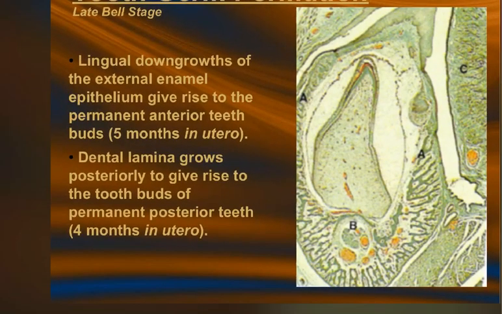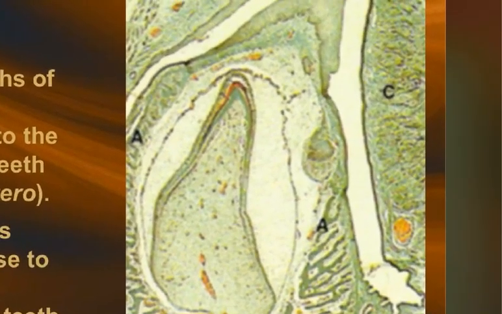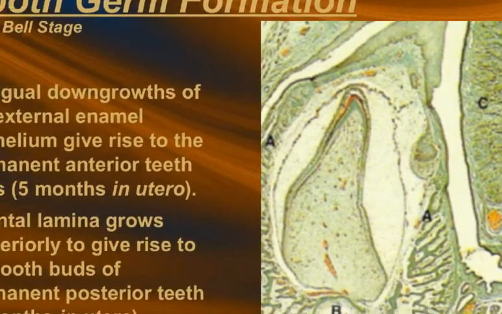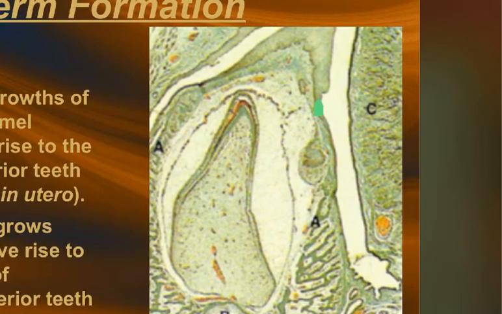The lingual downgrowth of the external enamel epithelium gives rise to the permanent anterior tooth buds. Here they are talking about the successional lamina.